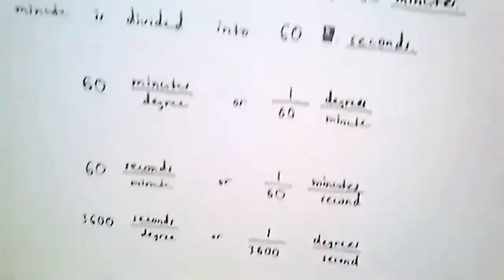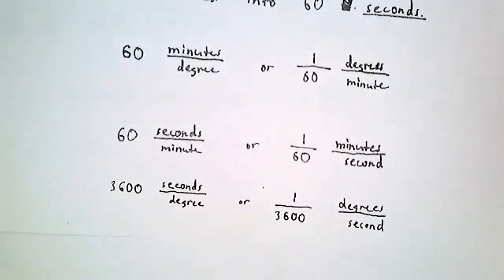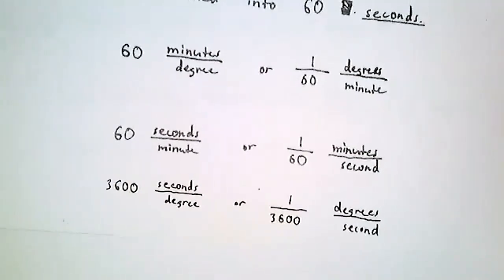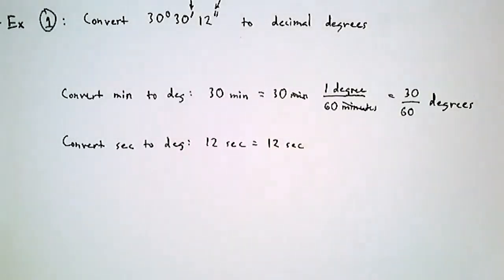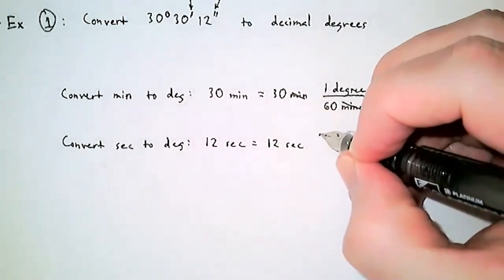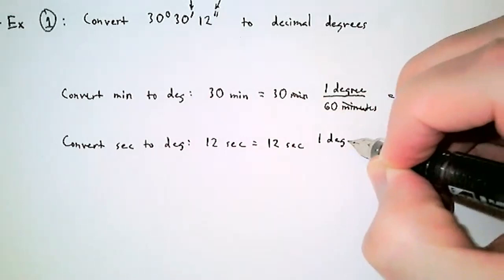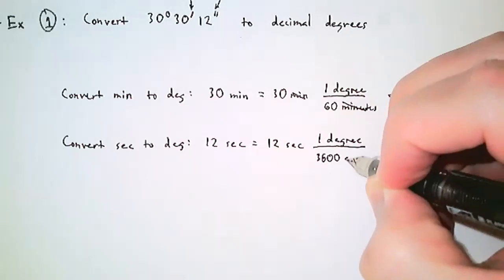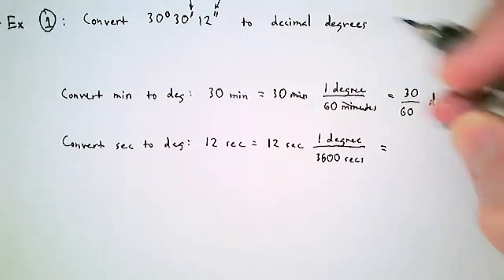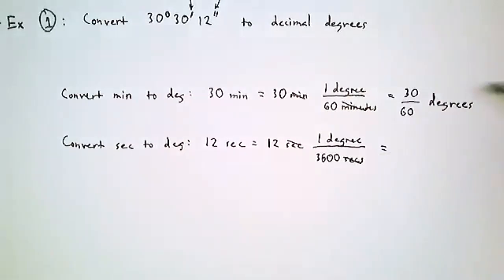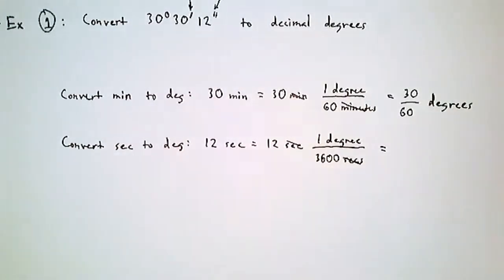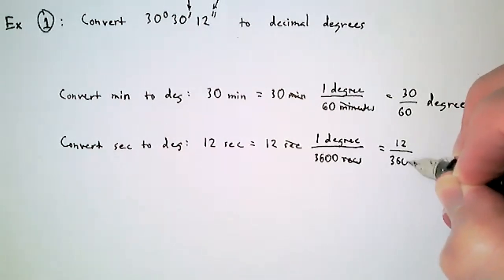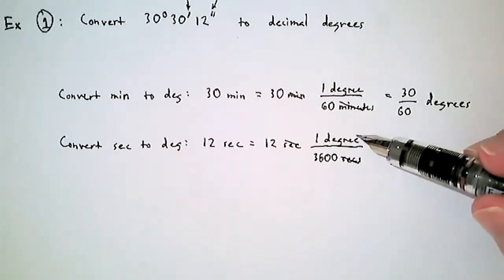We know that there is 1 degree for every 3,600 seconds to convert. So the seconds disappear, and we're left with these numbers that we need to multiply to get 12 over 3,600 degrees.